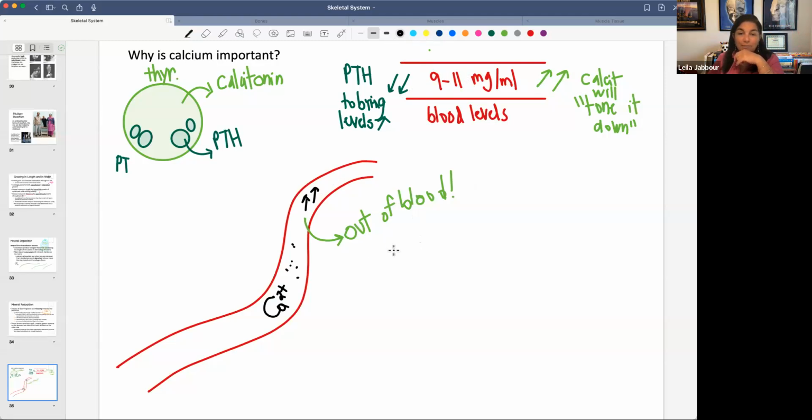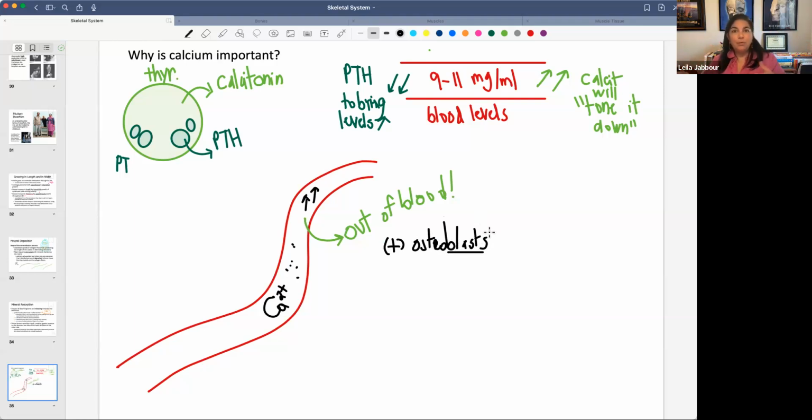bone production. So calcitonin stimulates osteoblasts to form bone, because osteoblasts are going to make osteotissue, and once the osteotissue is made, we need calcium to come in and kind of like harden it.